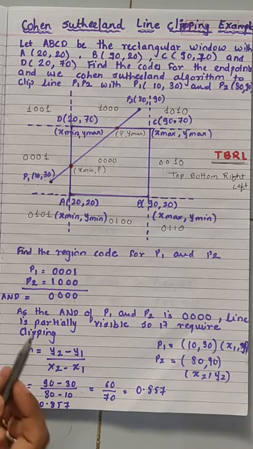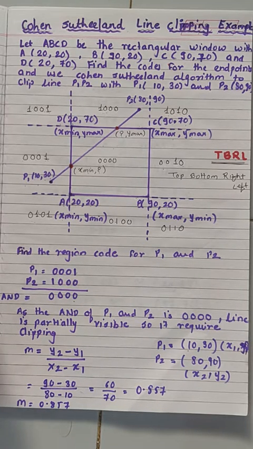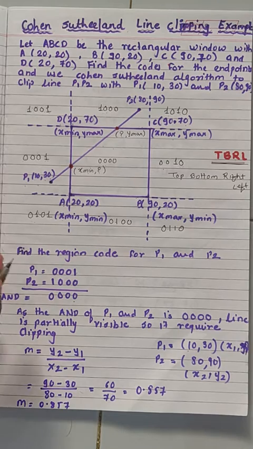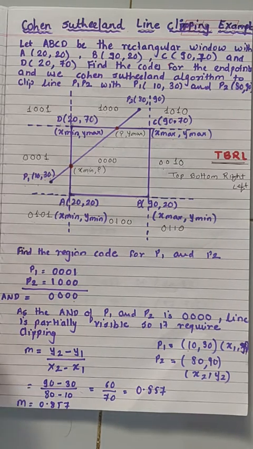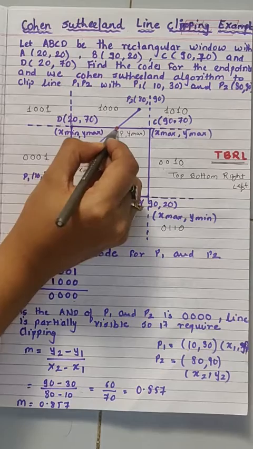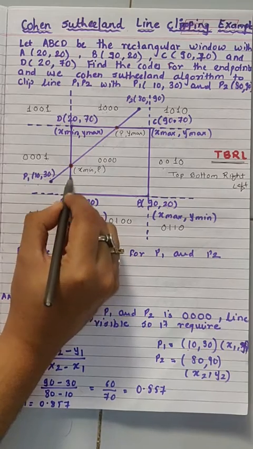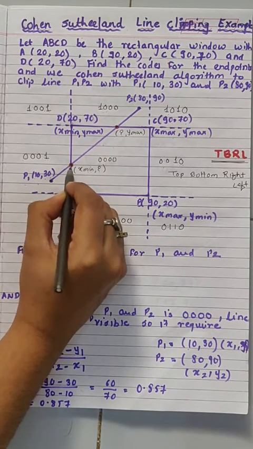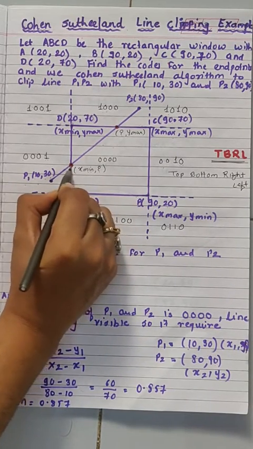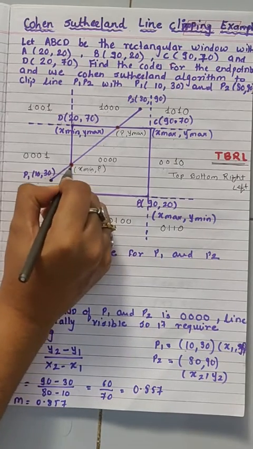Now here we have to clip this line. In clipping we have to find this specific intersection point.